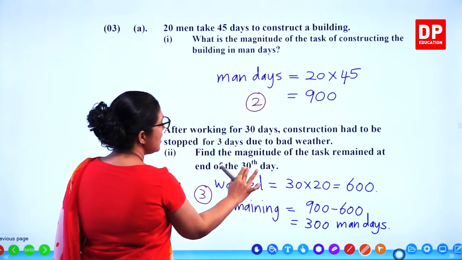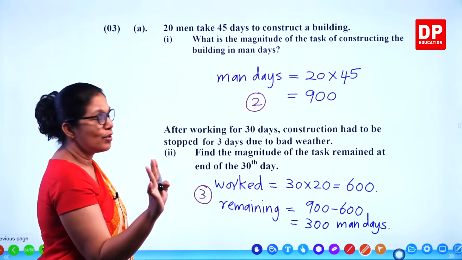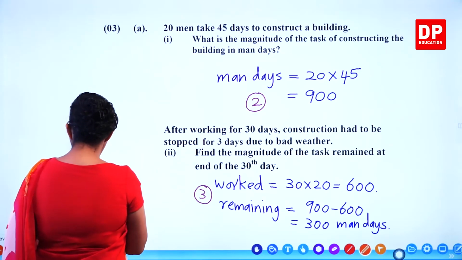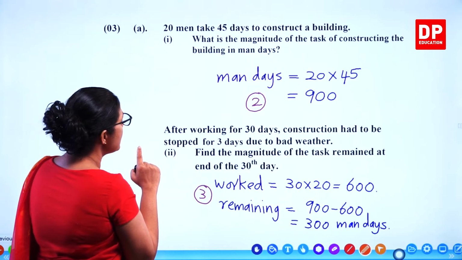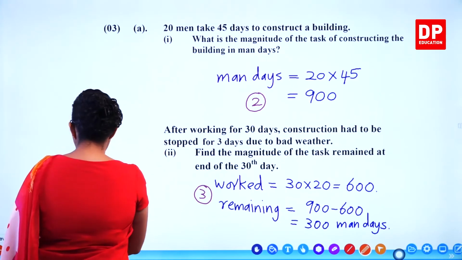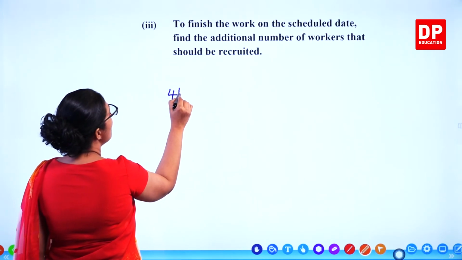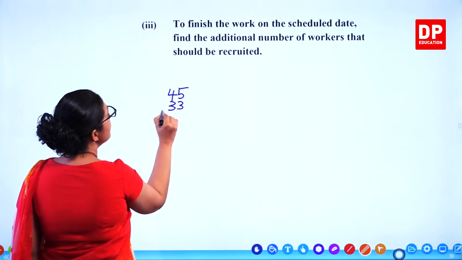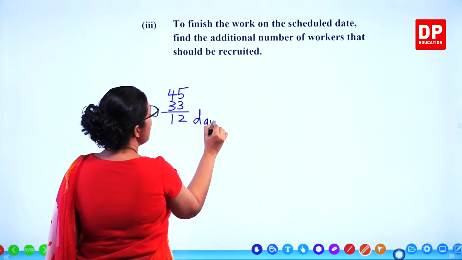So this 30 and this 3, 33 days already gone. So what's the remaining number of days? Remaining number of days 45 minus 33, 12 days remaining.